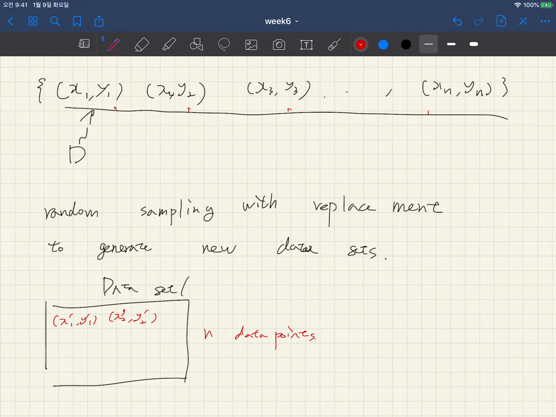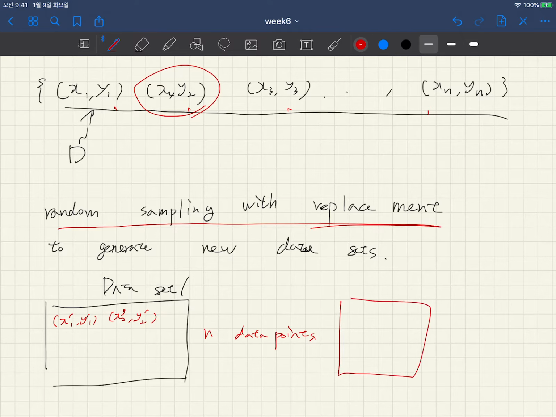But remember, we are using random sampling with replacement. So the same data point can be sampled two times or three times or four times. Among n data points, there can be many duplicated data points which occur several times. With this process, we can generate new data sets as we want.